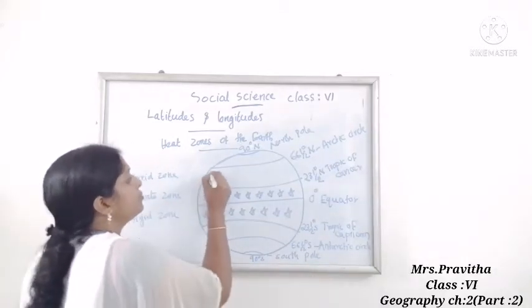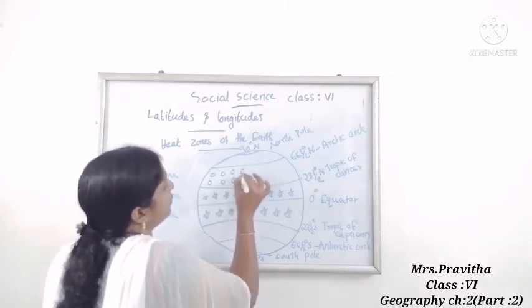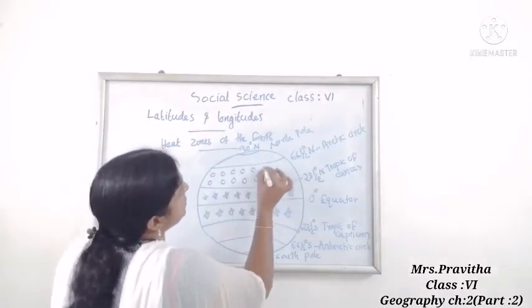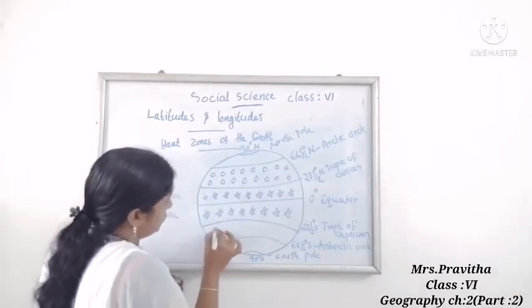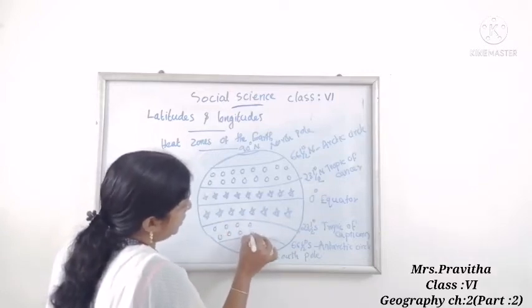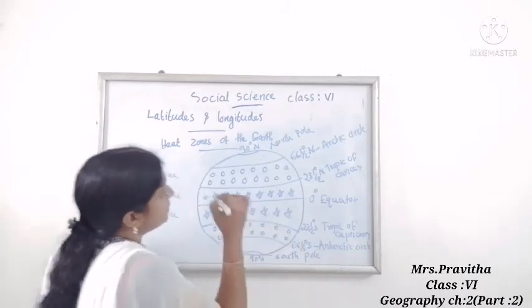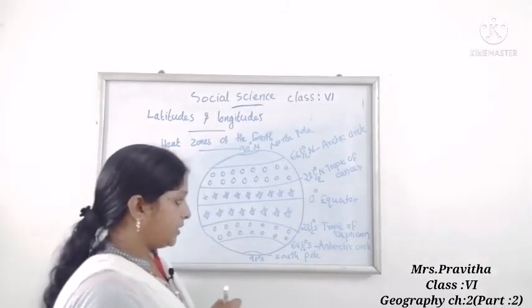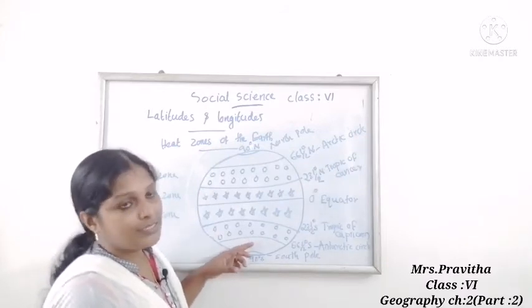Ma'am is using some circles here, and from these circles you can identify the north temperate and south temperate zones. The North Temperate Zone lies between the Tropic of Cancer and the Arctic Circle. The South Temperate Zone lies between the Tropic of Capricorn and the Antarctic Circle.